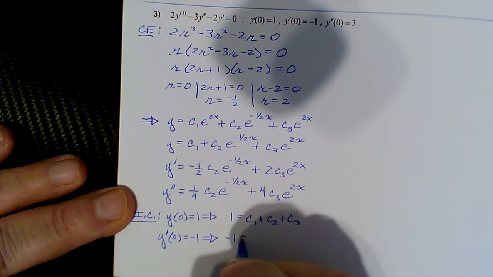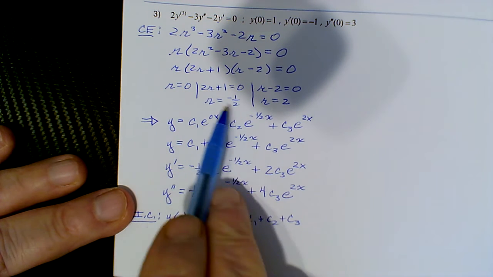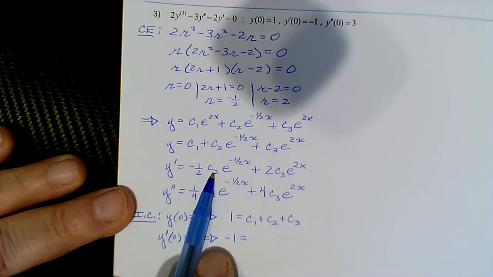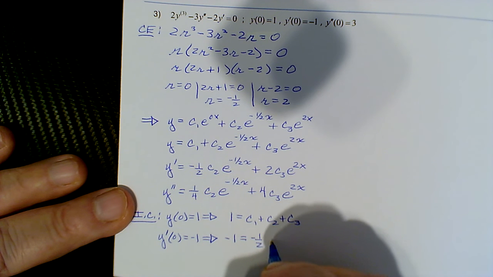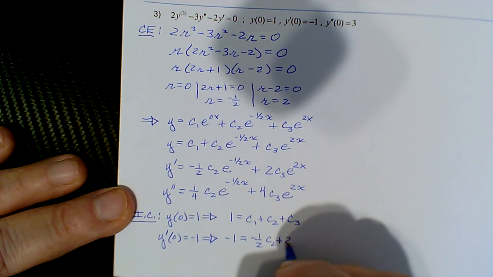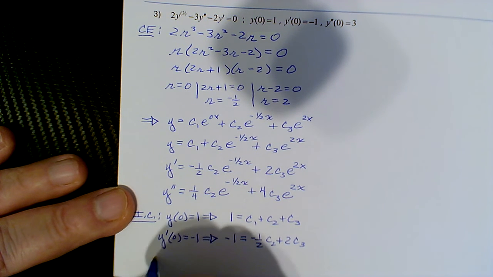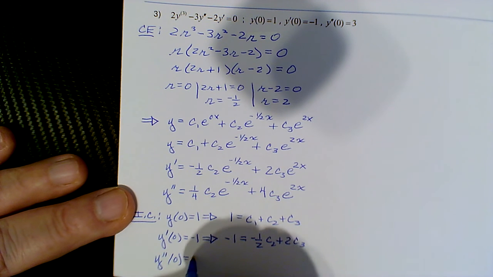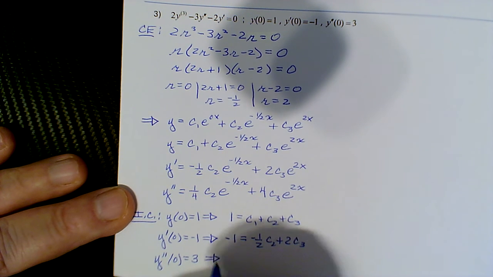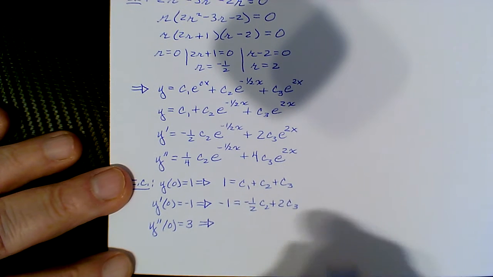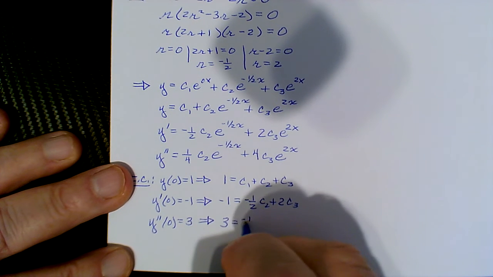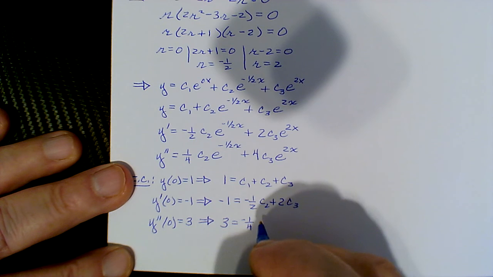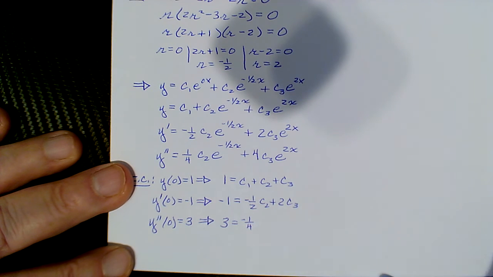And so we have negative 1 equals, into y prime, negative 1/2 c2 plus 2c3, and y double prime of 0 is 3. That's our final initial condition there. Gives us that 3 is equal to negative 1/4, or I'm sorry, positive 1/4.